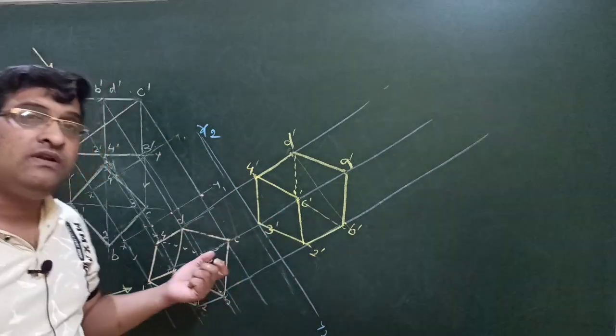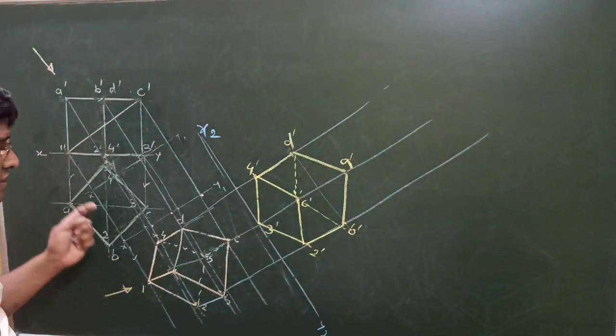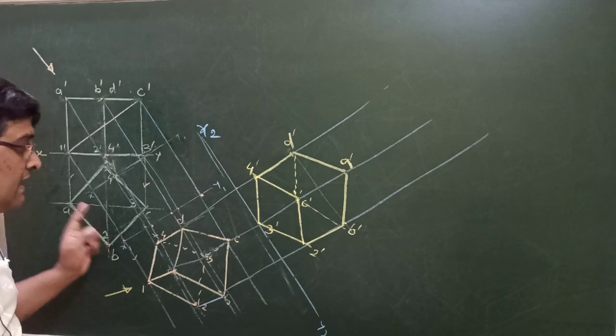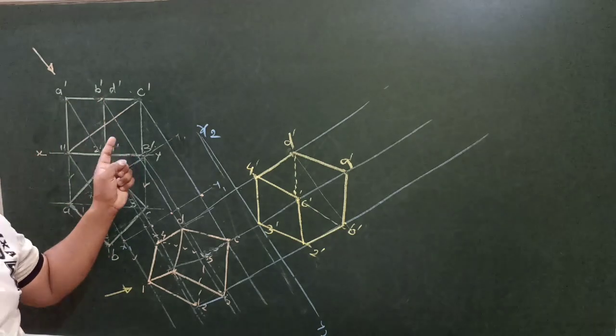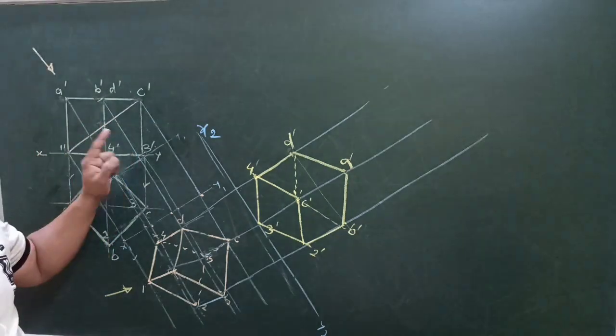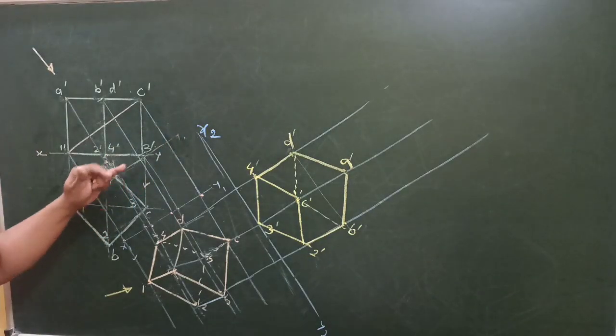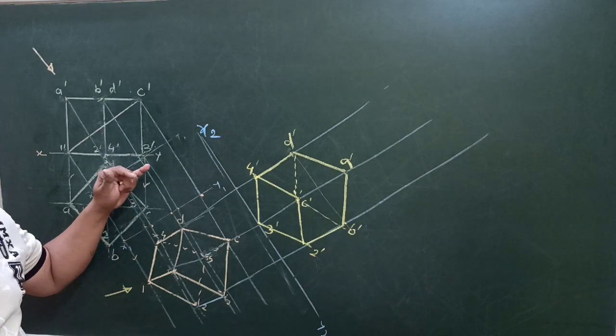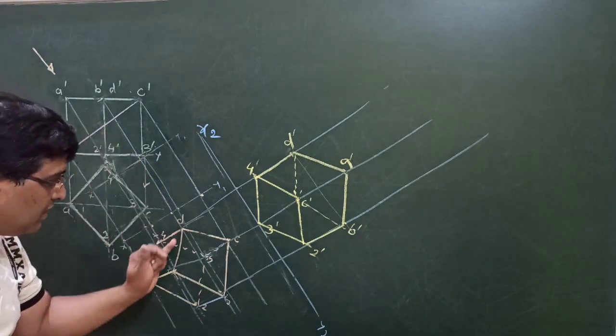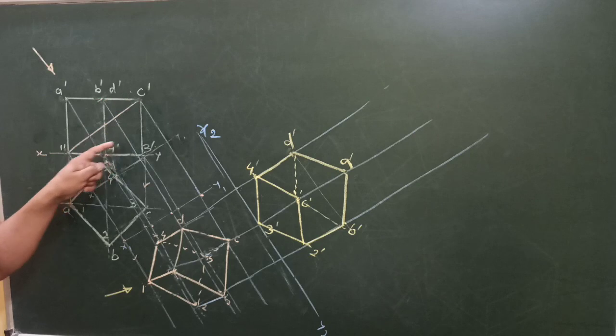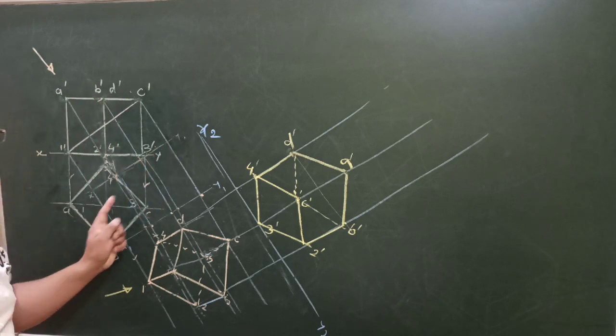So remember what we do in auxiliary planes method: initial two diagrams, that is in simple position, then whatever the condition given for front view, we have to draw another axis x1 y1 with that particular angle which is given in the problem. Draw the perpendicular lines from all the points of front view on this new line.